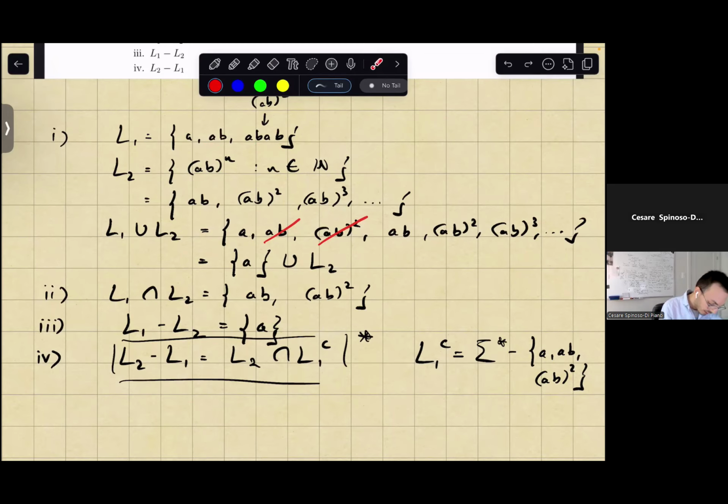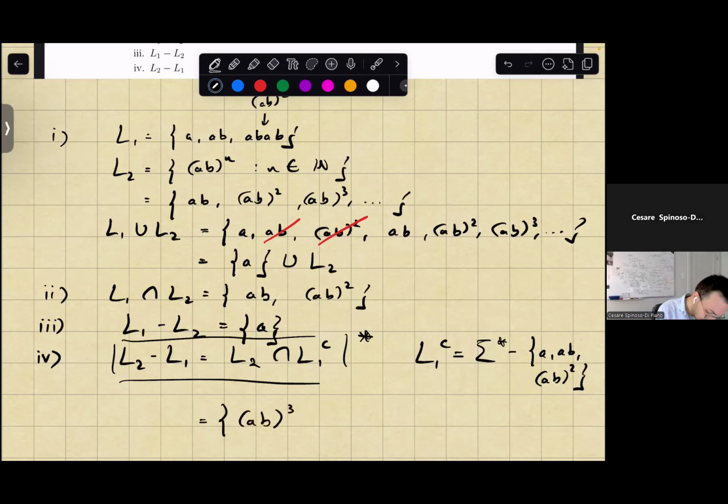So that means that L2 difference L1 is AB power n, except for the first two natural numbers. So it essentially starts at AB cube and AB power 4 and so on.